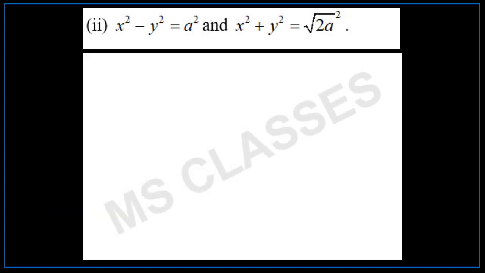See, equation of hyperbola is given. Equation of hyperbola: x square minus y square equal to a square. We mark it as equation 1.